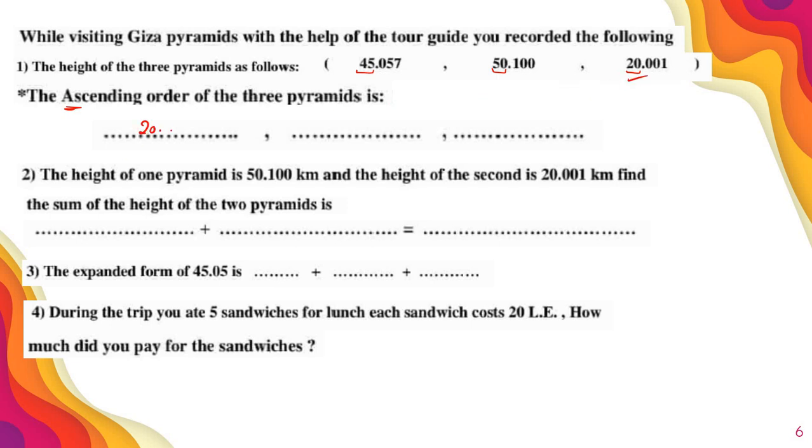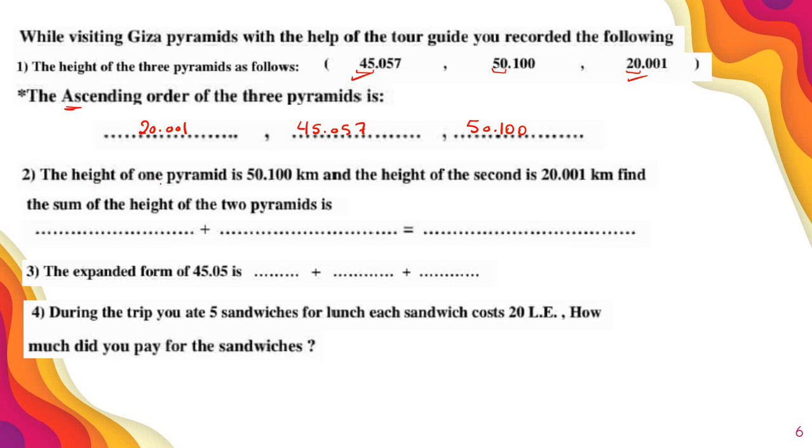So 20.001 is the first one. Which one is the next? Yes, 45. So 45.057. Then the last one, the largest or the tallest pyramid, will be 50.100, or you can ignore these two zeros.